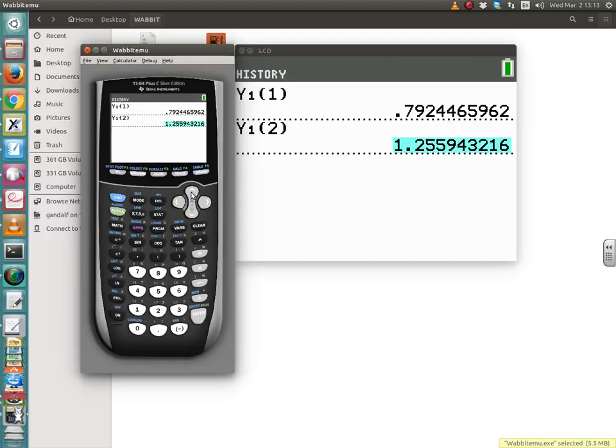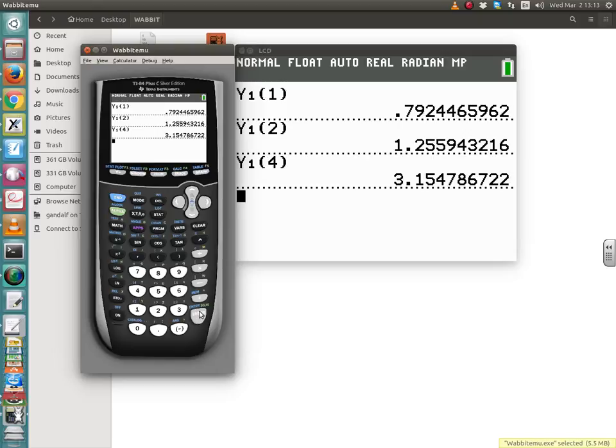Then y1 at 4, and y1 at 8. All right, so you write that down in a little table.